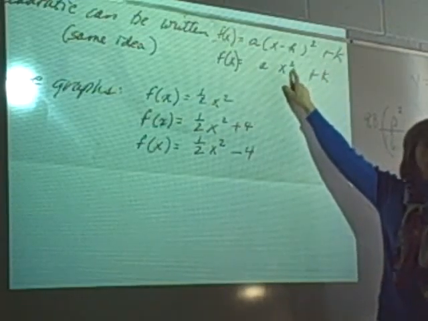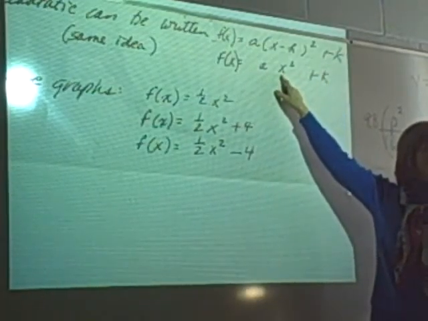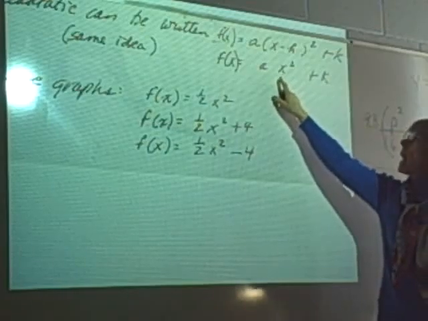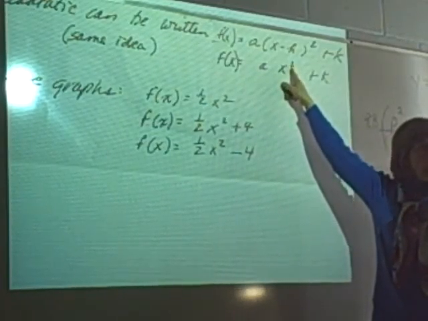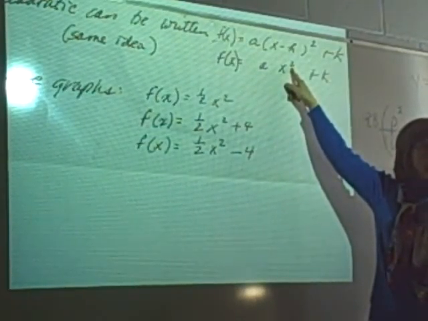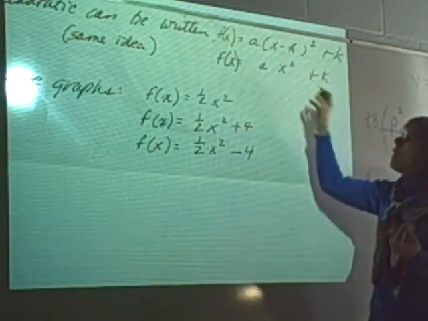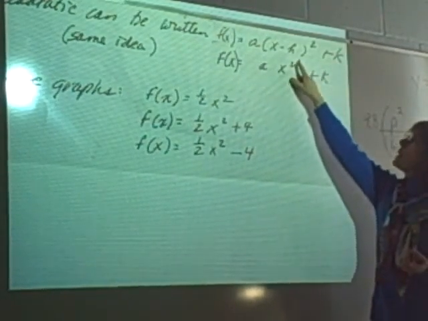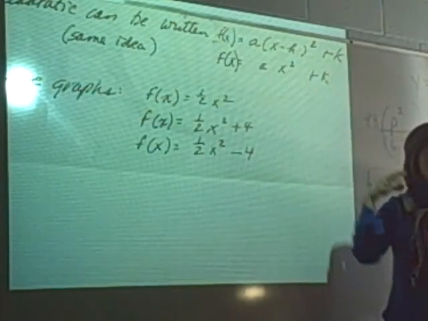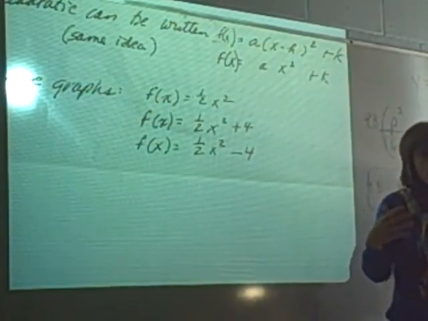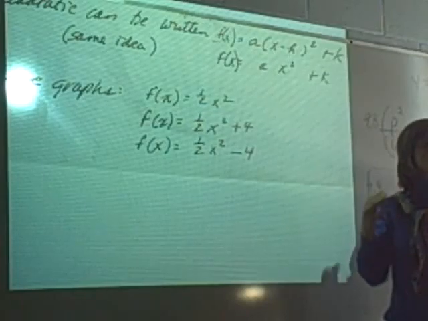This is the parent. We know that in order for it to be a quadratic, it has to have an exponent to the second power, the second degree. And this is a little bit different in that it is some quantity x minus h squared.